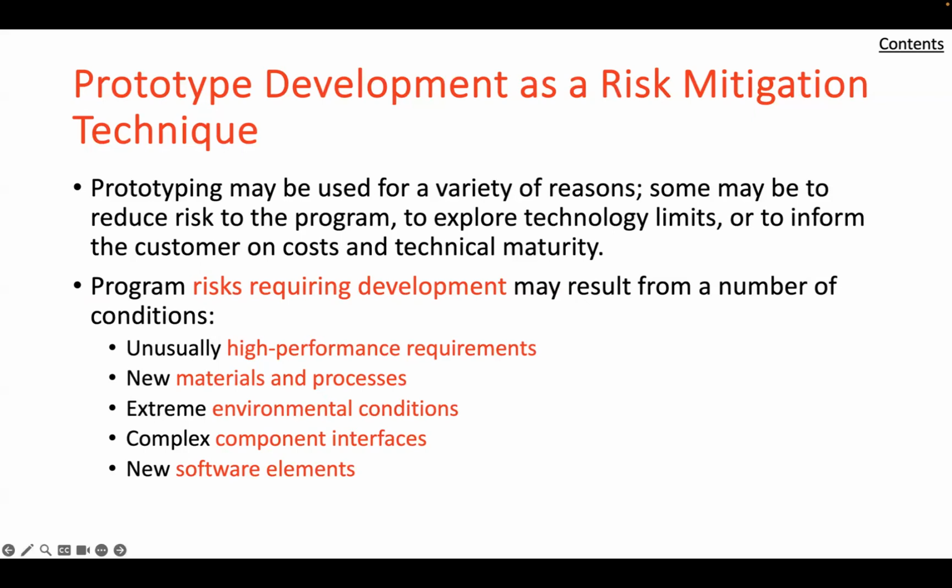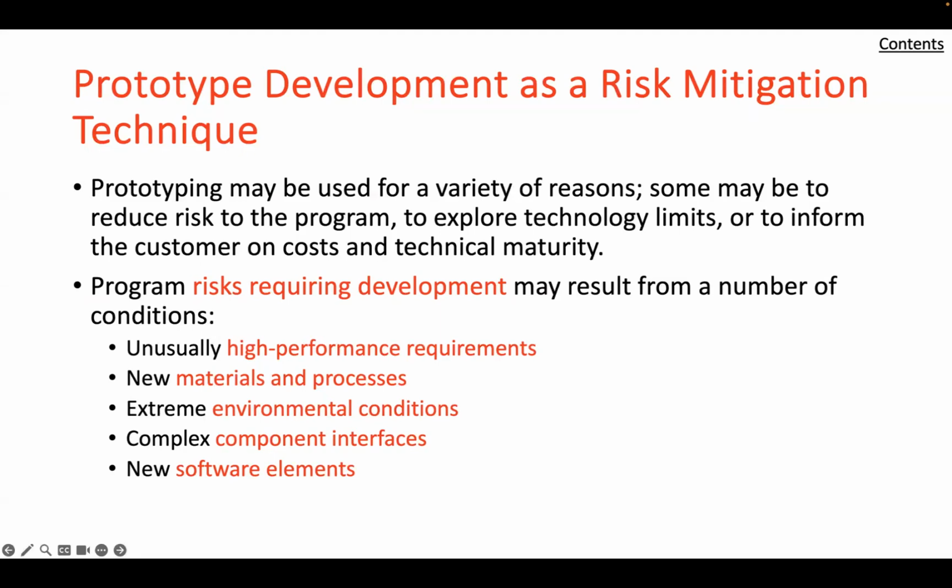Two, components utilizing new materials or new manufacturing methods. Three, components subjected to extreme or ill-defined environmental conditions. And four, component applications involving unusual or complex interfaces. So we can be talking about examples of each one of those.